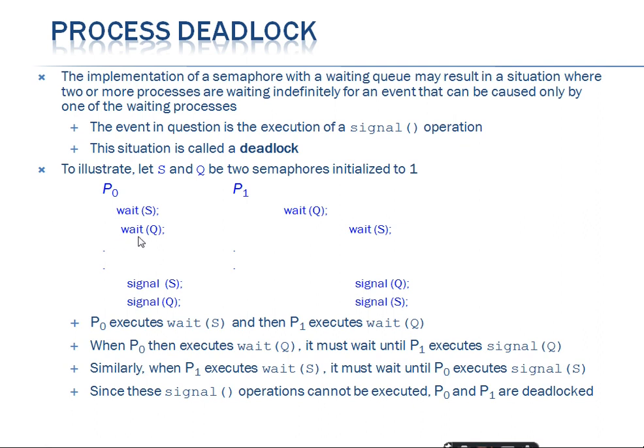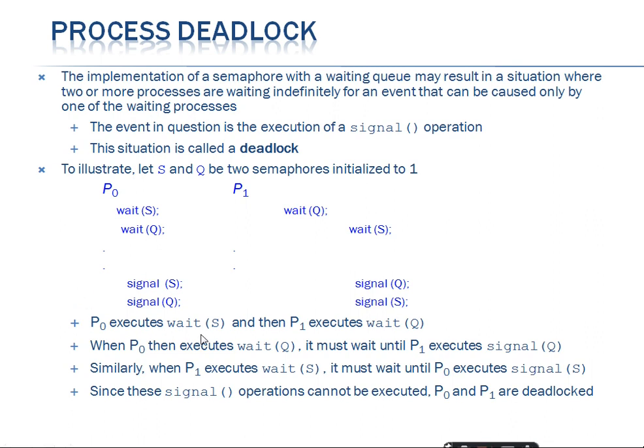Then at time T2, wait over Q is executed by P0 and wait over S is executed by P1. Till then, there is no problem. Then at time T3, the signal operation is invoked over S by P0, and signal is invoked over Q by P1. And then signal is invoked over Q by P0, and at the same time signal is invoked over S by P1.